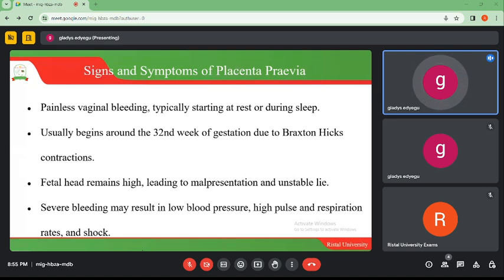Then severe bleeding may also result in low blood pressure, high pulse and respiratory rates, and also shock. We look at these signs and symptoms as results of severe bleeding, because if the mother bleeds, it can cause low blood pressure, a high pulse, and the respiratory rate can be high because the mother is trying to compensate, trying to get some oxygen.